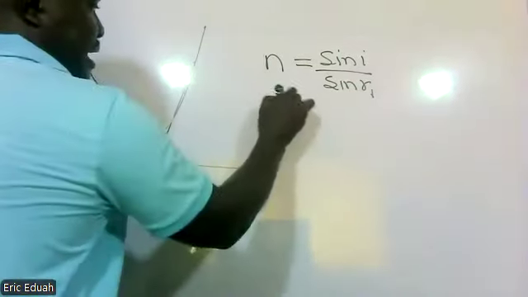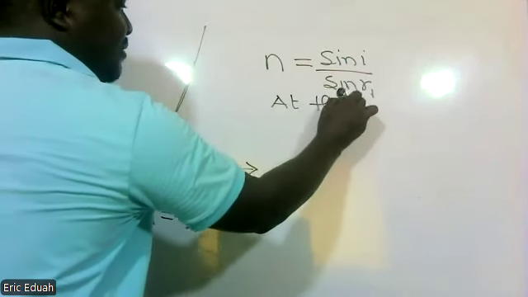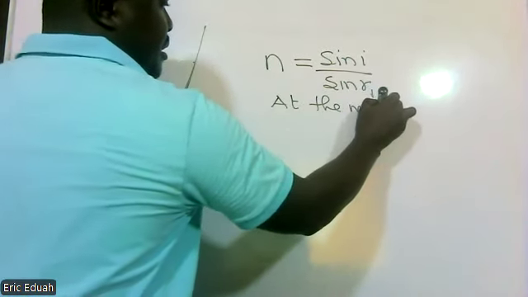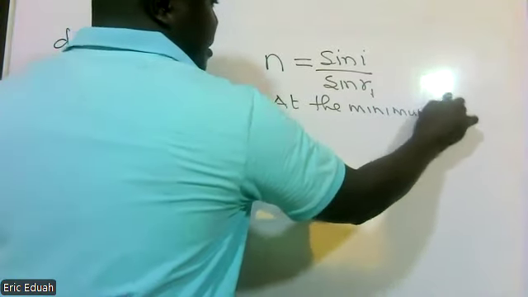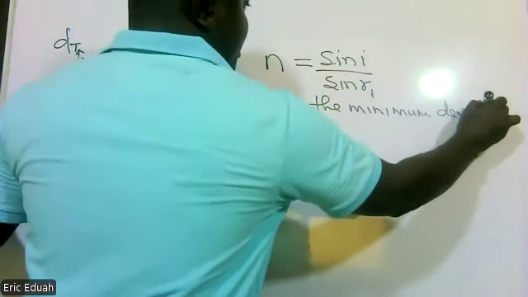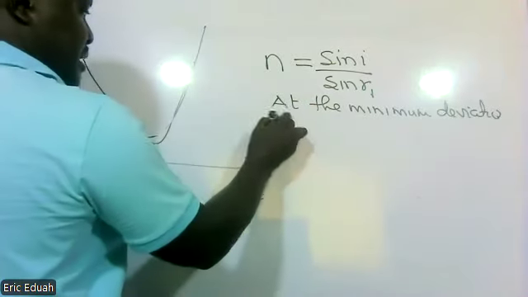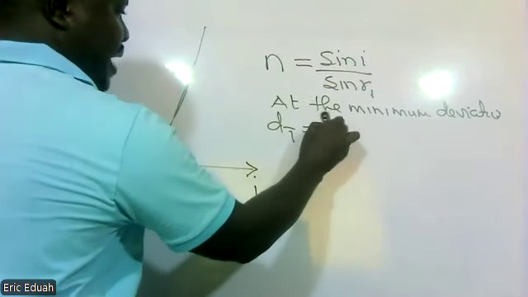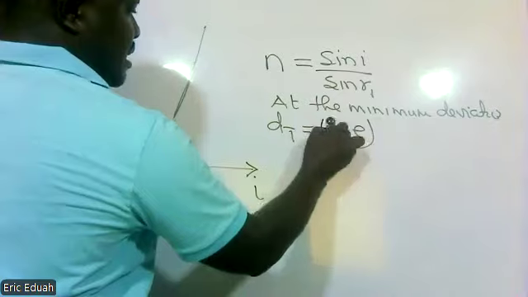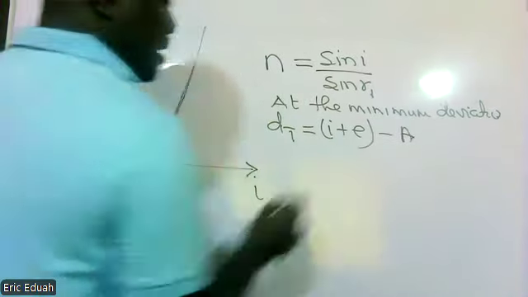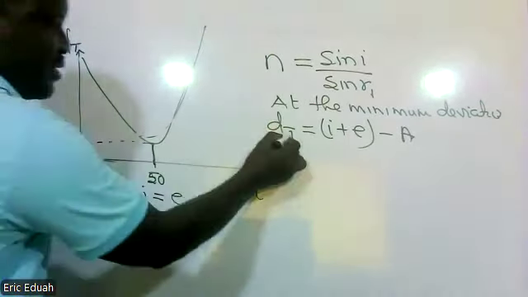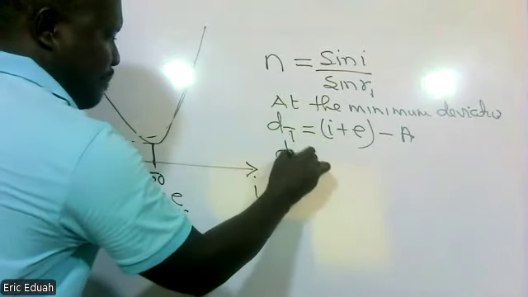At the minimum deviation, dt, which is equal to I plus E minus A, this will change to be minimum M.